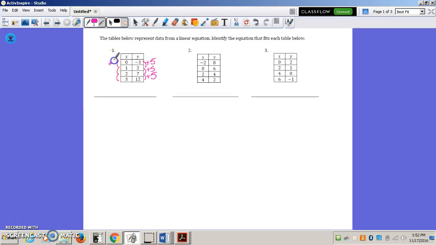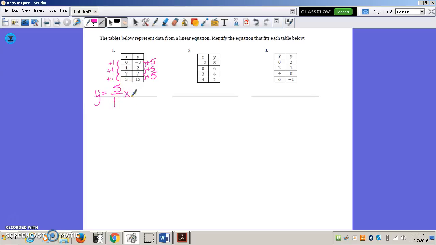Well, that's changing at +1, that's changing at +1, and that is changing at +1. So now we can use our rate of change, because these numbers are the same and these numbers are the same, to help us write our equation. So we start by doing this. Y equals our rate of change, which is 5 over 1, and then multiplied by our x value.